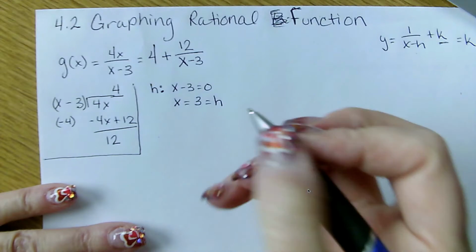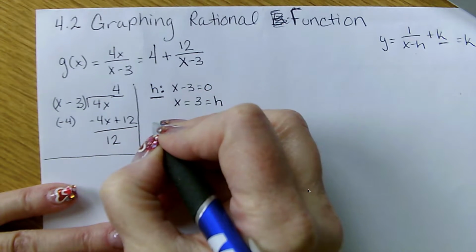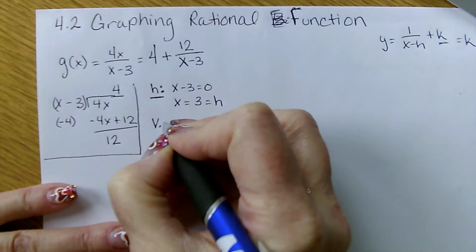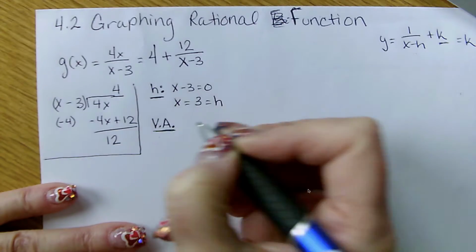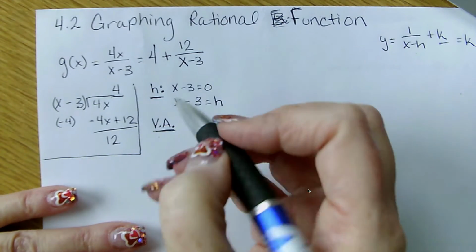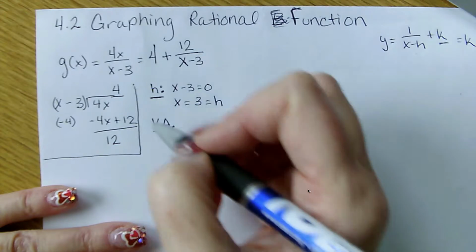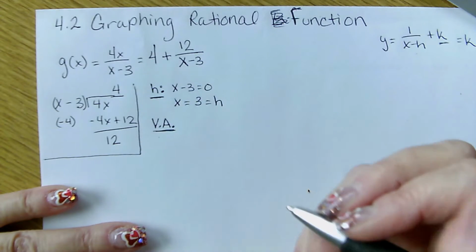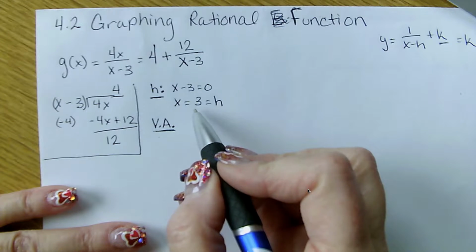Okay? So h affects the what? Vertical asymptote. And you'll notice if you ever see my work, I underline what I'm doing so I know this is the work for that. And when I do the next thing, that's the work for that. Okay? So my h is going to give me my vertical asymptote, yes?